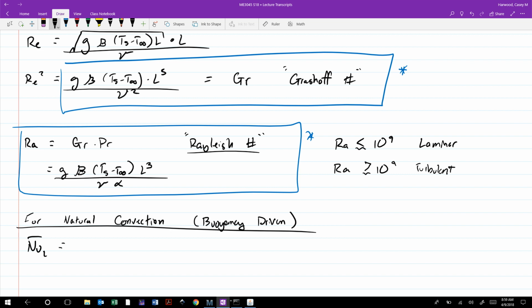So Nusselt number equal to hL over k, which is going to be a function of the Rayleigh number and the Prandtl number. So we have the Reynolds number and the Grashof number and the Prandtl number wrapped up in the Rayleigh number, but then there's a separate explicit dependence on the Prandtl number.